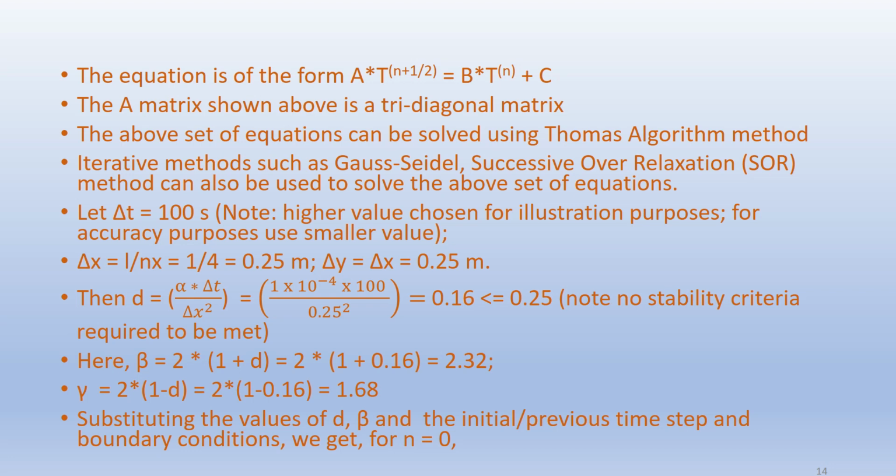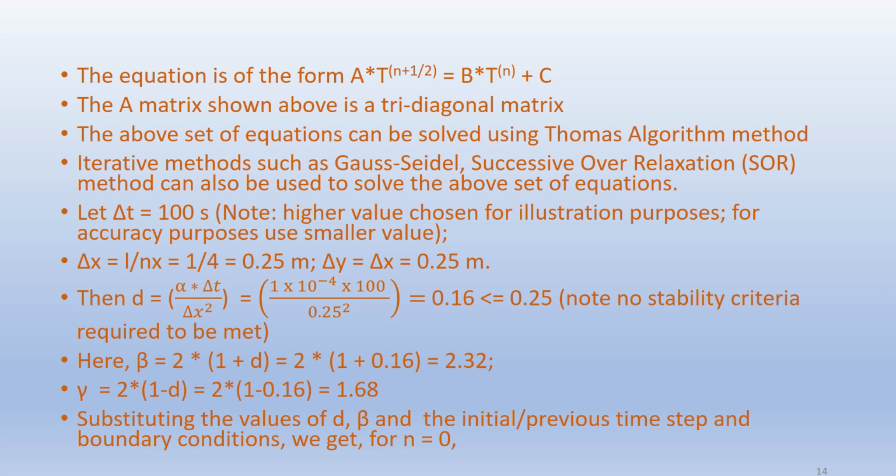Here delta x equals L over nx equals 1 over 4 equals 0.25 meters. Delta y equals delta x equals 0.25 meters. The diffusion number d equals alpha times delta t by delta x squared, which is equal to 0.16, lesser than the stability criteria for the FTCS method or the explicit method.